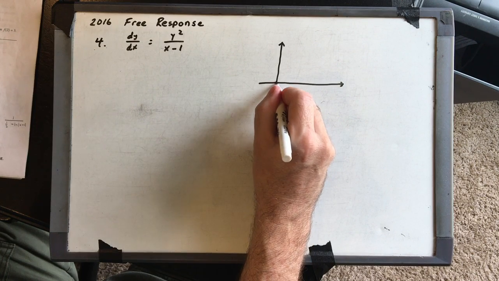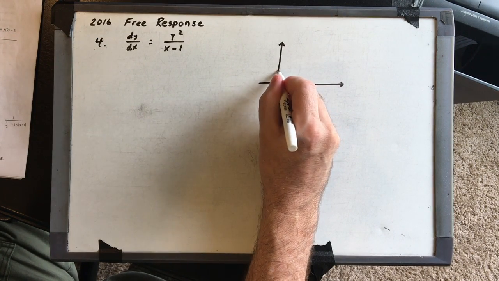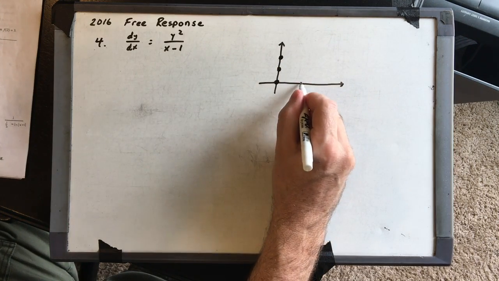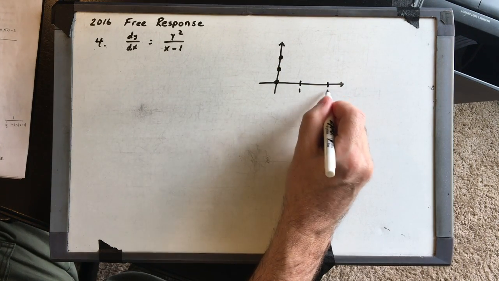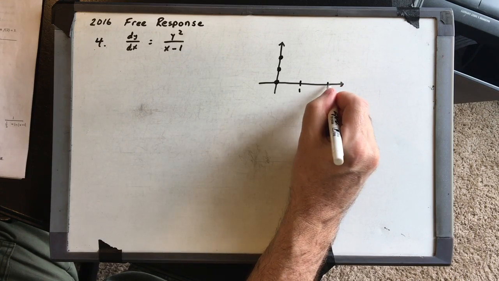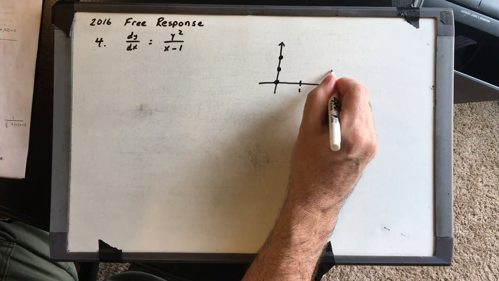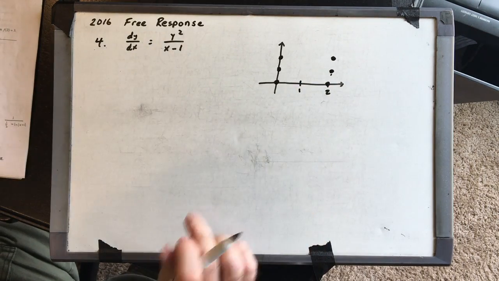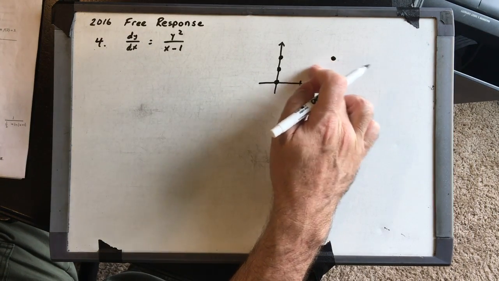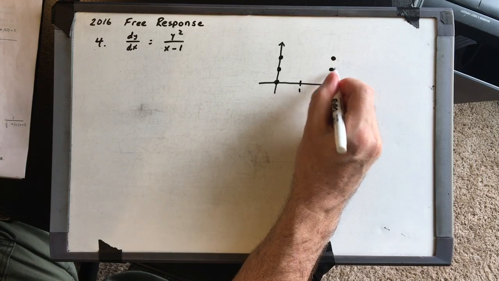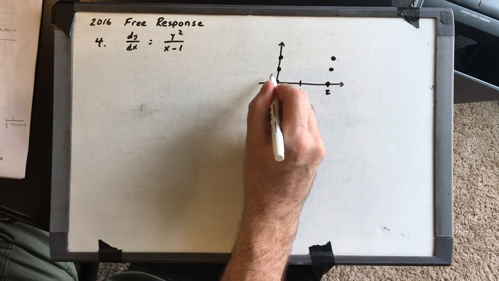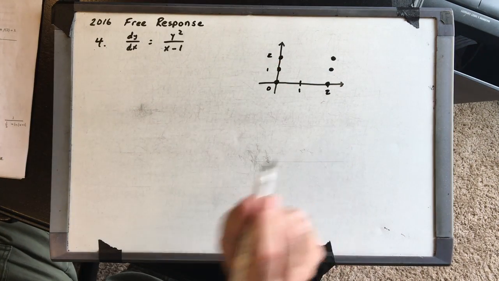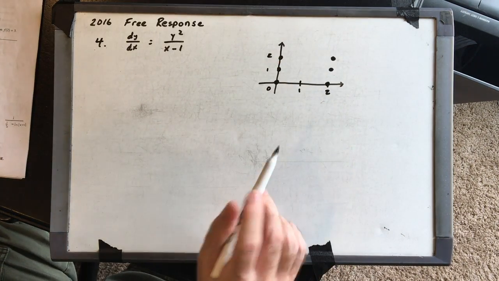So the points we have to draw are here, here, here, and 3 at 2. Okay, so I'll draw those slopes in.